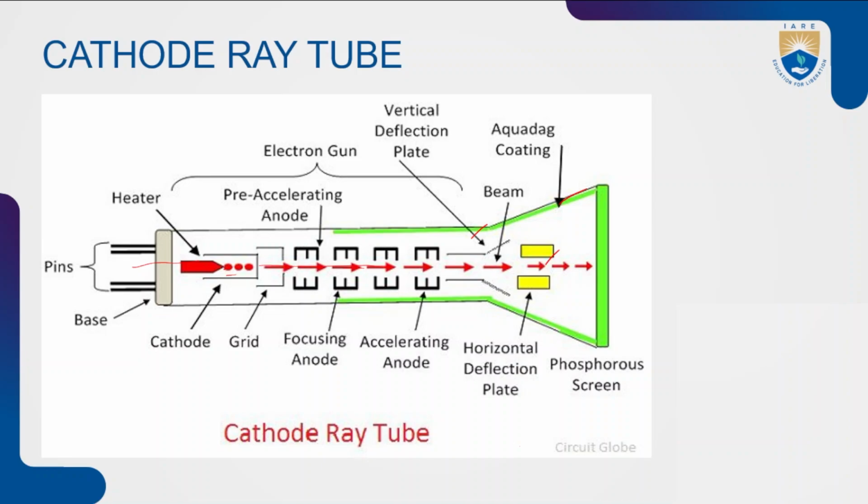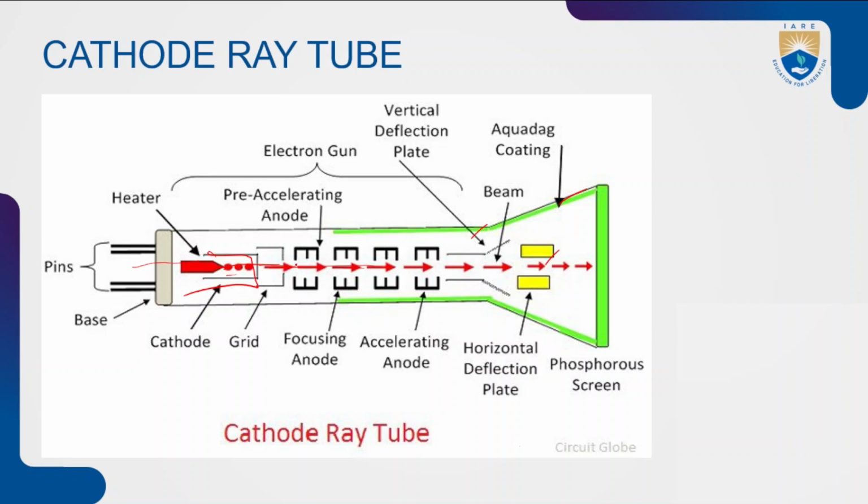To increase the intensity level of the electron beam, we use this control grid. With the help of the control grid, we focus all the electron beams in one particular direction. These electron beams have more negative potential, so they try to move towards positive potential.